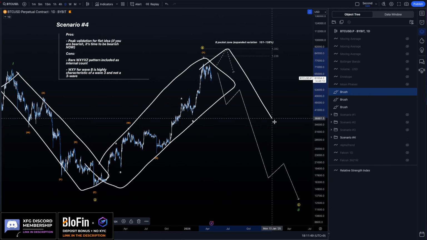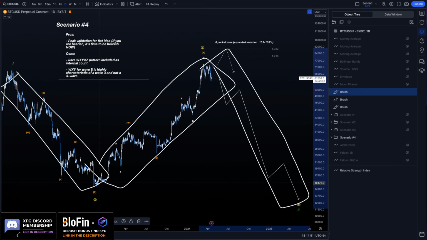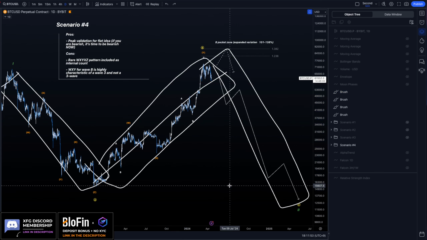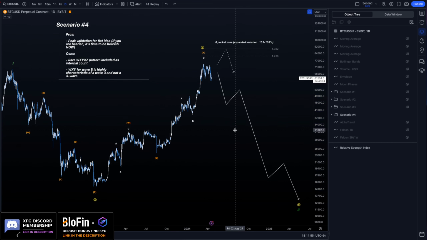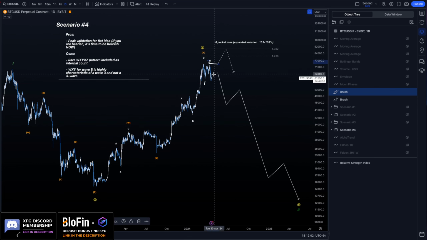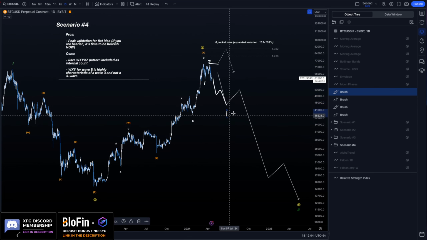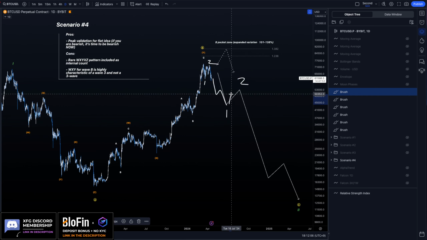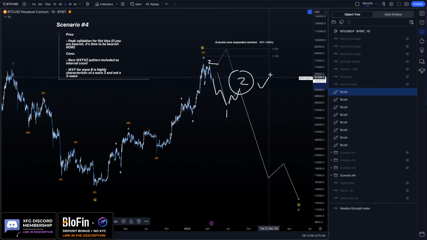And now we're looking for the final impulsive move where everything was just canceled. And we're saying that we're going back into bear market territory, and that is going to happen either now as a 1, 2, 3, 4, 5 going into wave 1 possibly, and then another 2. This will be where we validate the structure even more.